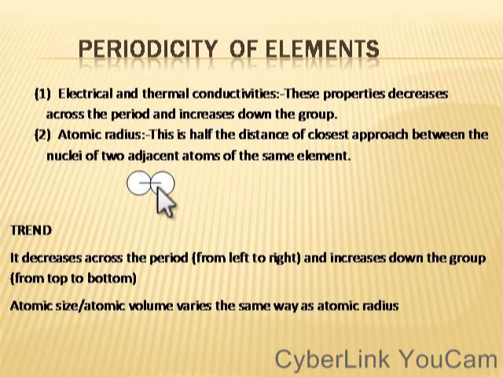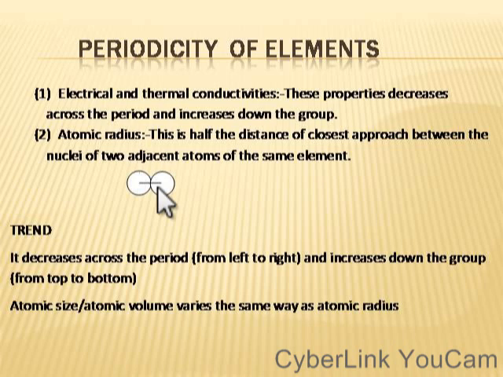So the reason for the decrease across the period is what is known as the nuclear charge. Now, what is the nuclear charge? The nuclear charge is the number of protons in the nucleus of an atom. While the screening or shielding effect is the effect which is due to the repulsive force between the electrons in the inner shell and those in the outer shell.